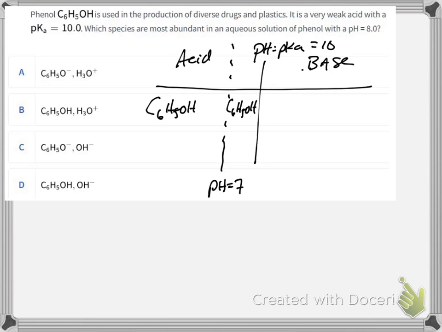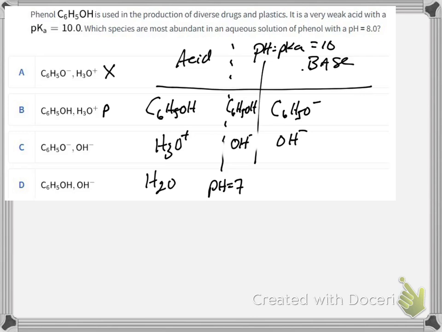Its base form will be highest in concentration at higher pH and will have a negative charge. For the solvent water, H3O plus is the highest in concentration at any pH less than 7, and if pH is greater than 7, it's hydroxide ion.